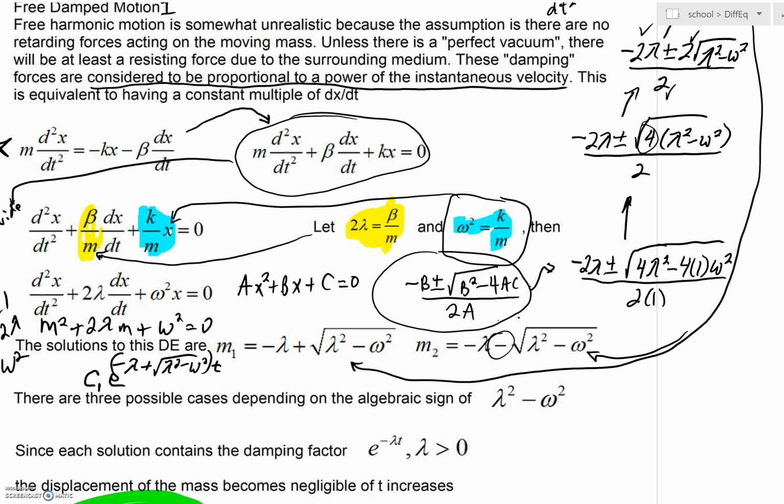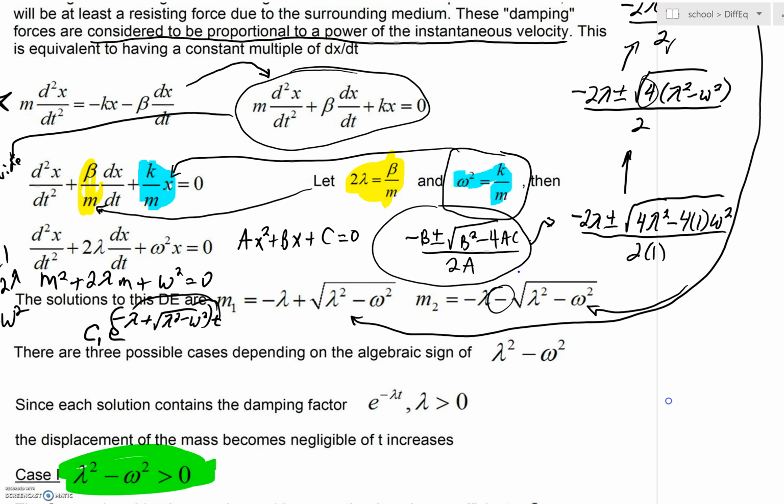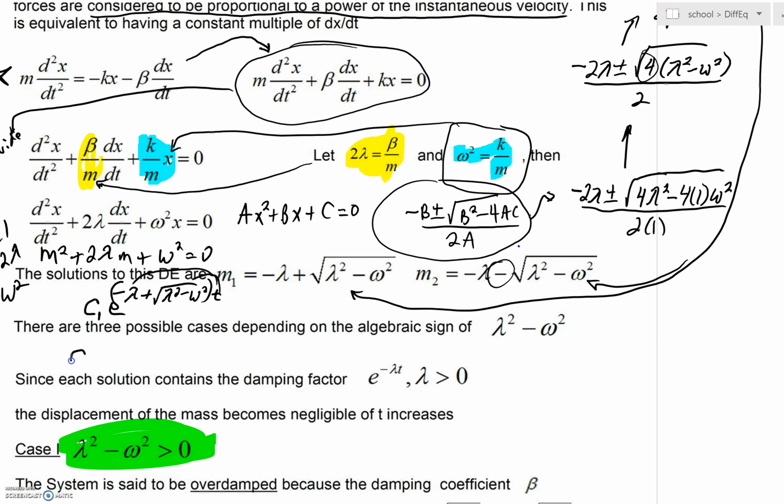So this is what that form would look like. You'd see that the t would get distributed in for both. That means we could rewrite this slightly: e to the negative lambda t times e to the t times the square root of lambda squared minus omega squared.